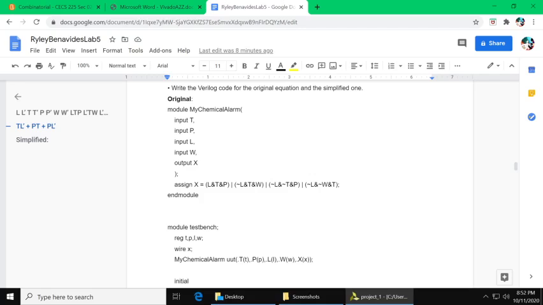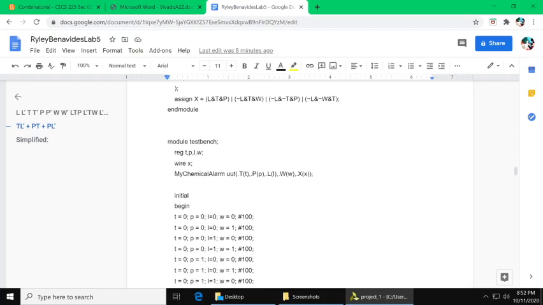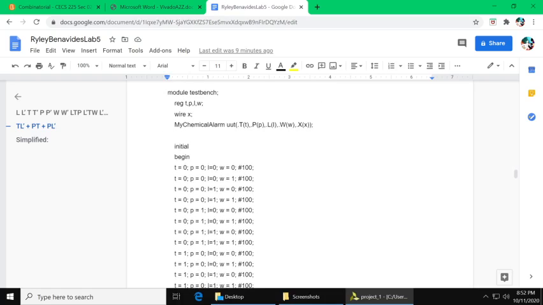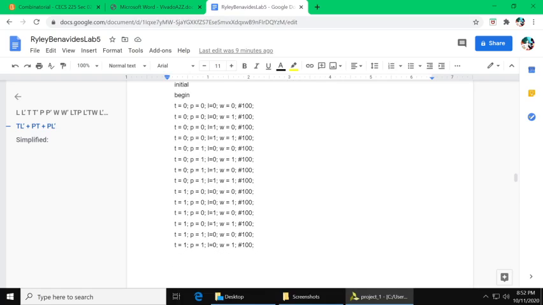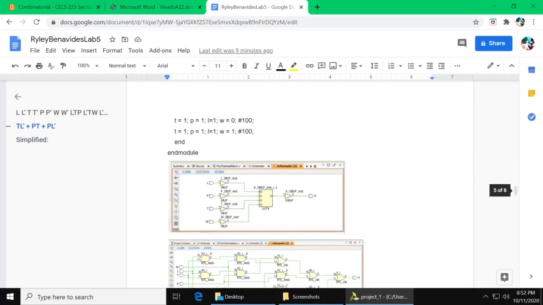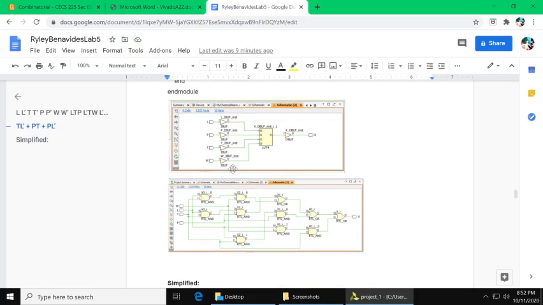It's L and T and P, or not L and T and W, or not L and not T and P, or not L and not W and T. Here's my test bench, setting up all the possible different combinations you can have, and when you run it, I should do these schematics right here. It has the AND gates and all the equations, and then the OR gates.